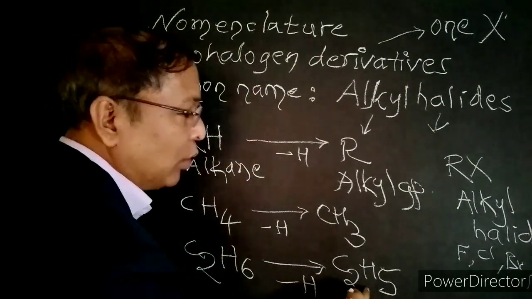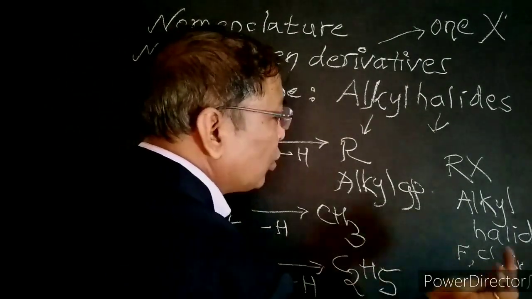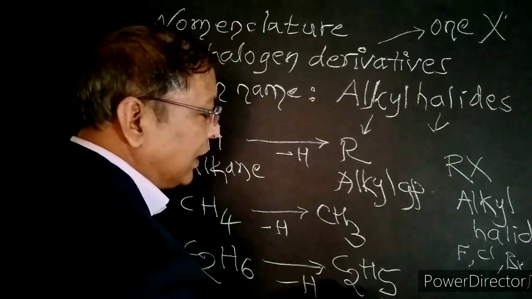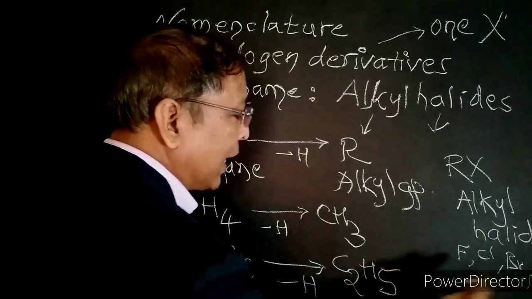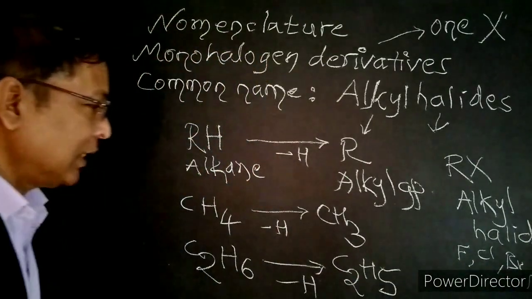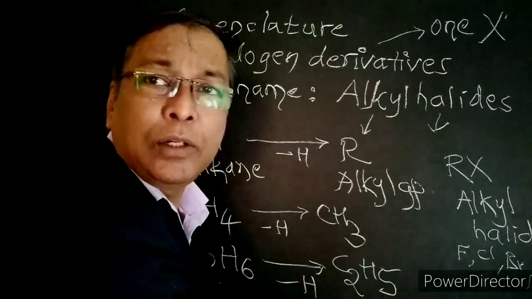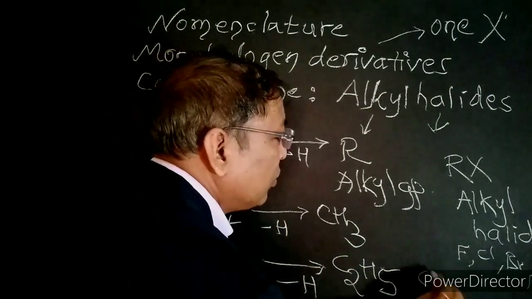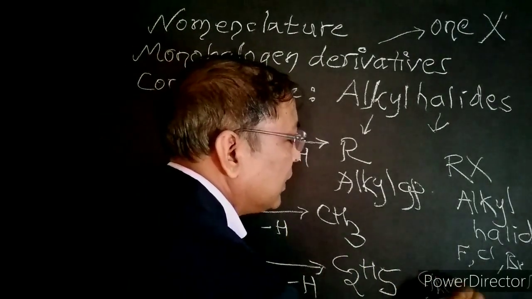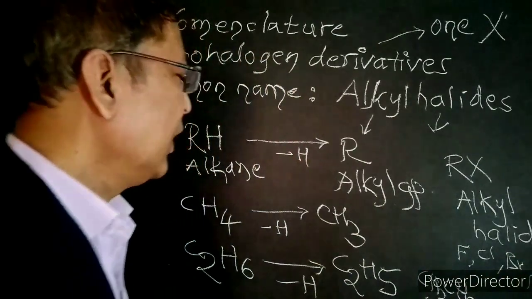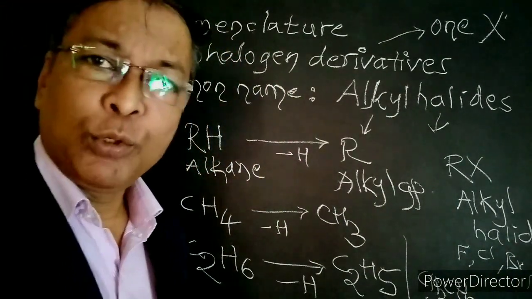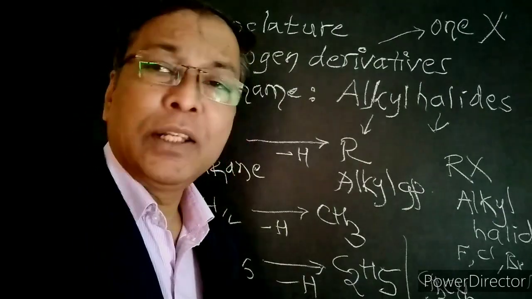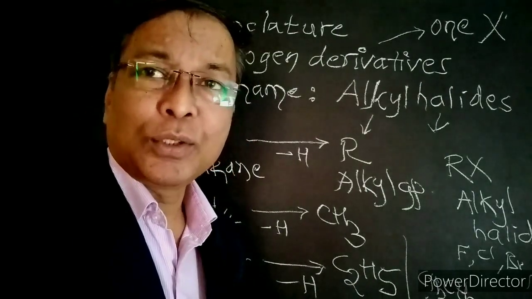When this C2H5 is associated with fluorine, it becomes ethyl fluoride, ethyl chloride, ethyl bromide, ethyl iodide, etc. This ethyl group is many times also written as CH3CH2. We can write the ethyl group in short as C2H5, or as CH3CH2.